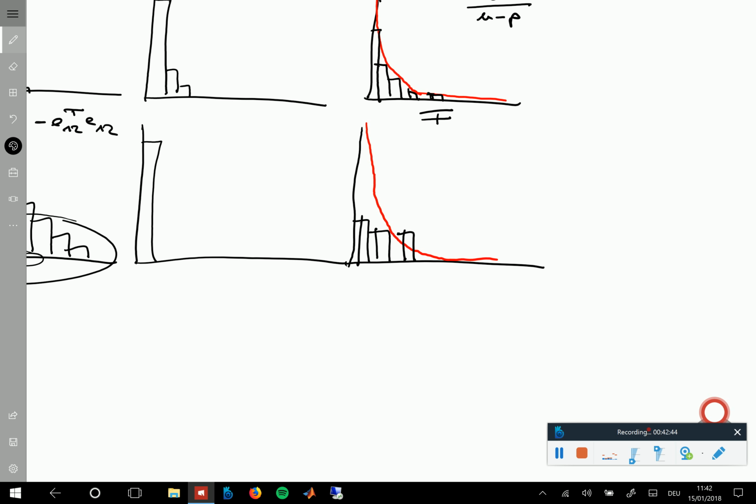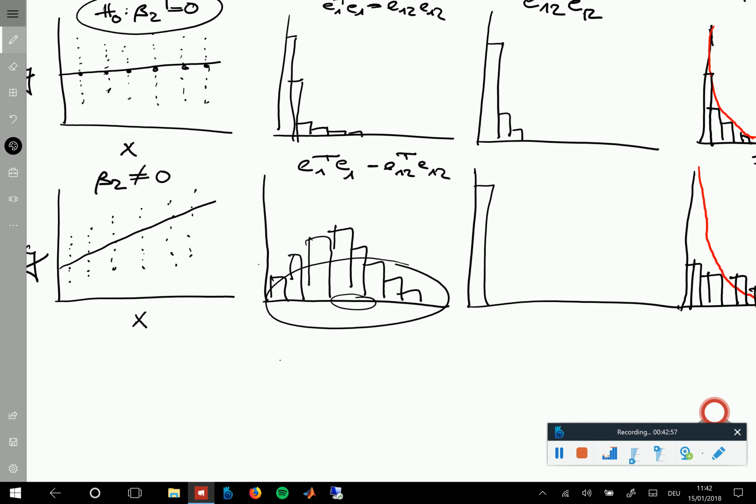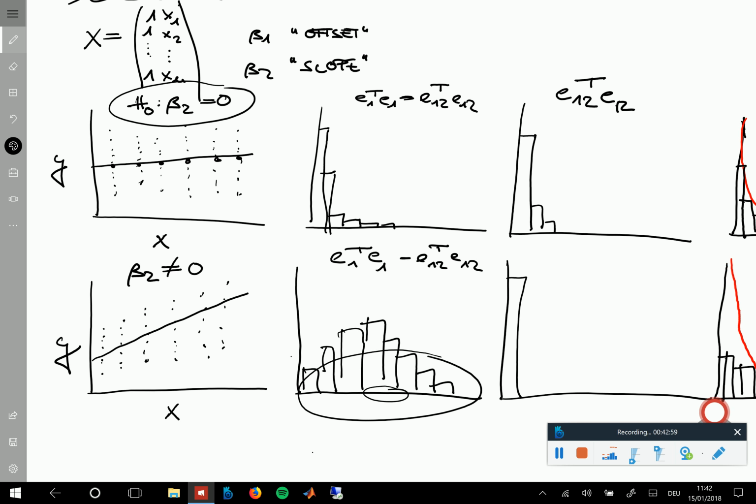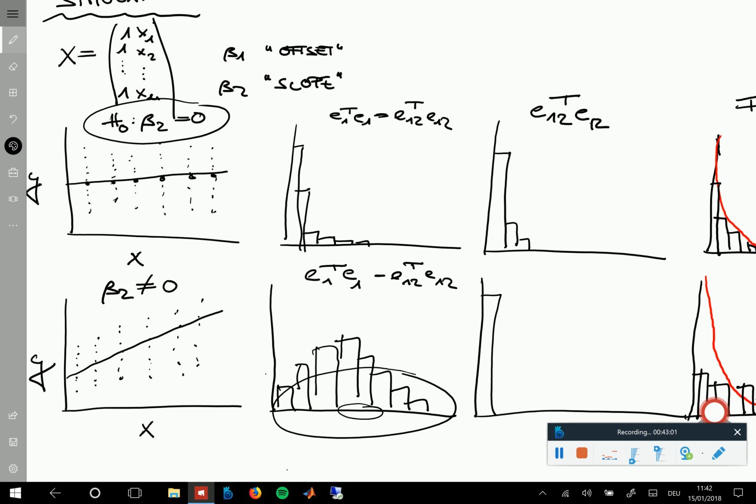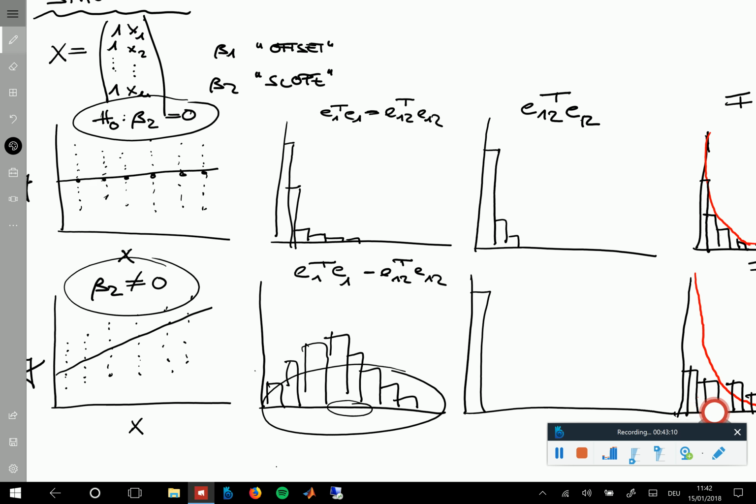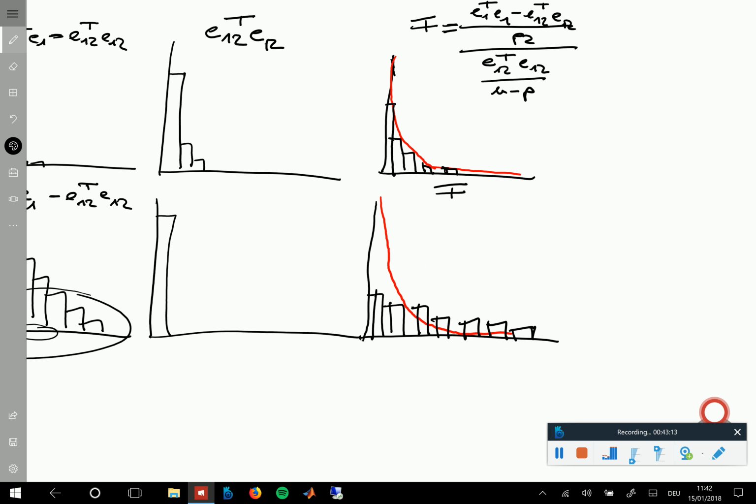So you have the histogram and the analytical result, they don't correspond at all, or not very well. Which is of course due to the fact that the F distribution describes the distribution of the F statistic under the null hypothesis. But here the null hypothesis is not true, so then there is no reason why the F distribution should describe the distribution of the F statistic.